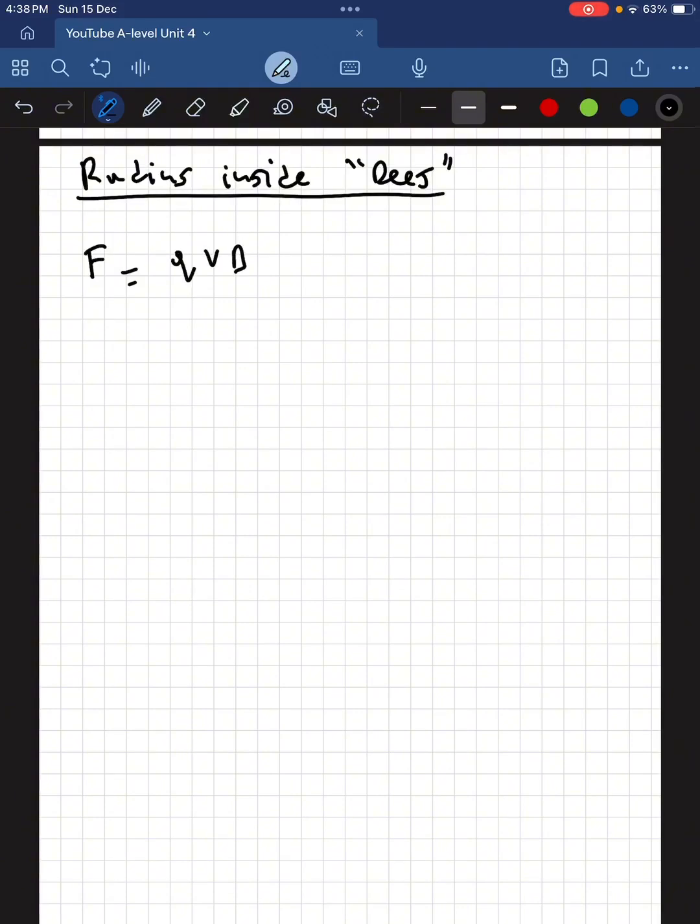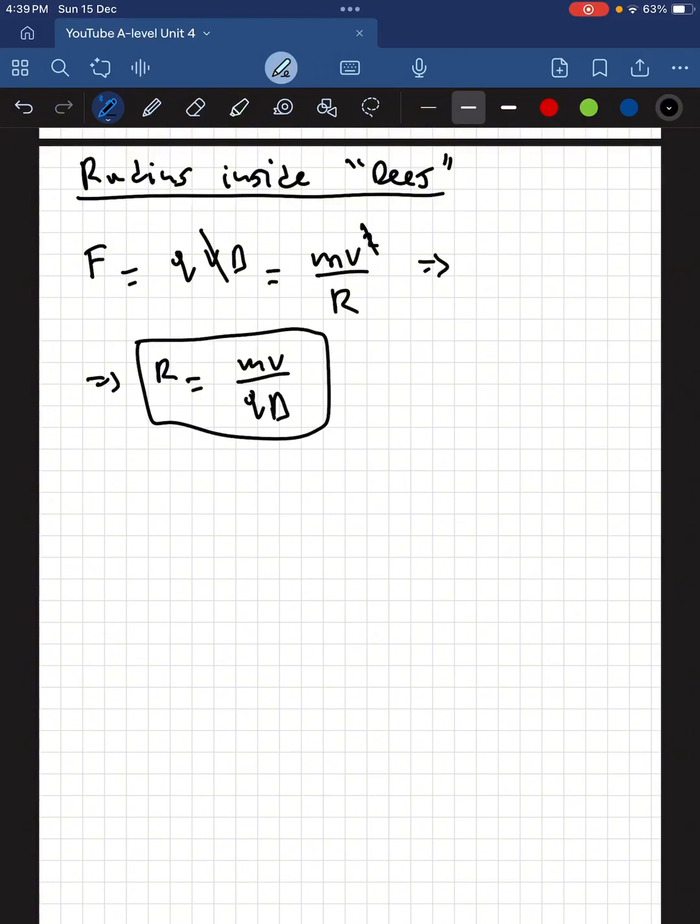All right, and since this is a centripetal force, it should be equal to mv squared over r, okay? So we can immediately solve for r. The velocity is cancelled once, so mv over qB is the radius of curvature, okay? So as v increases, r increases as expected.